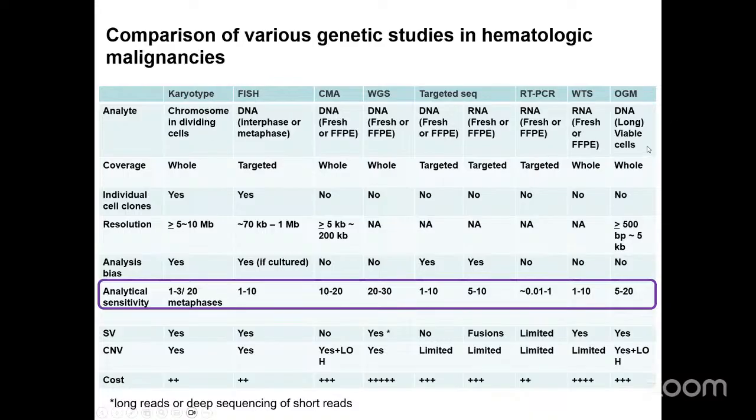In optical genome mapping, we also need DNA from viable, fresh samples, whereas most of the other things you can do on paraffin-embedded tissue. The analytical sensitivity is extremely important to know, what percentage of your cells are abnormal, and hence you can pick the right assay to order based on the number of cells you feel are abnormal.